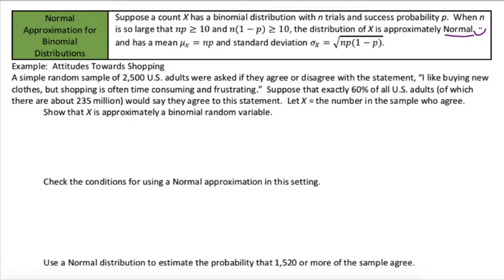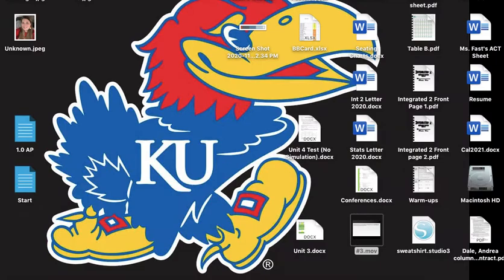It says, okay, once we have this binomial setting, if it is so big that we have more than 10 successes and more than 10 failures in our expected outcomes, then we have an approximately normal distribution. We have an expected value here and a standard deviation for our normal distribution. Again, these are provided for us on our formula sheet.